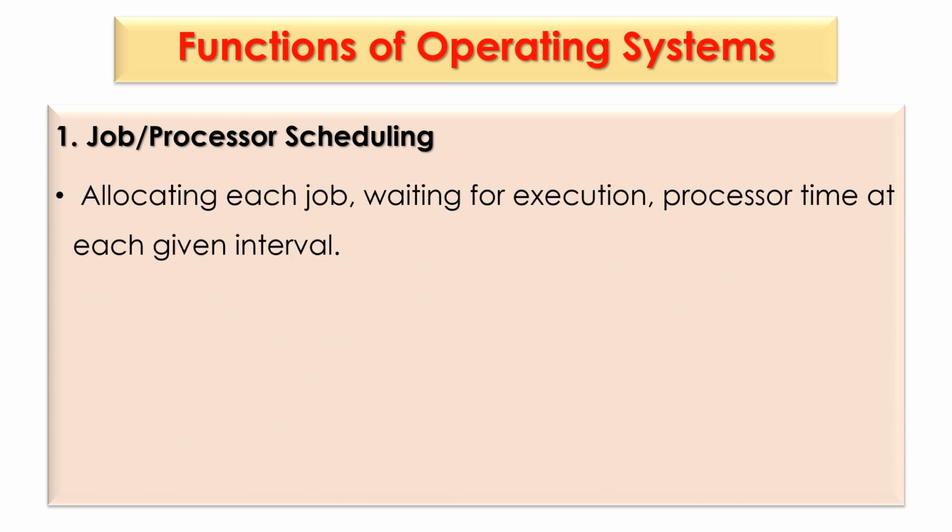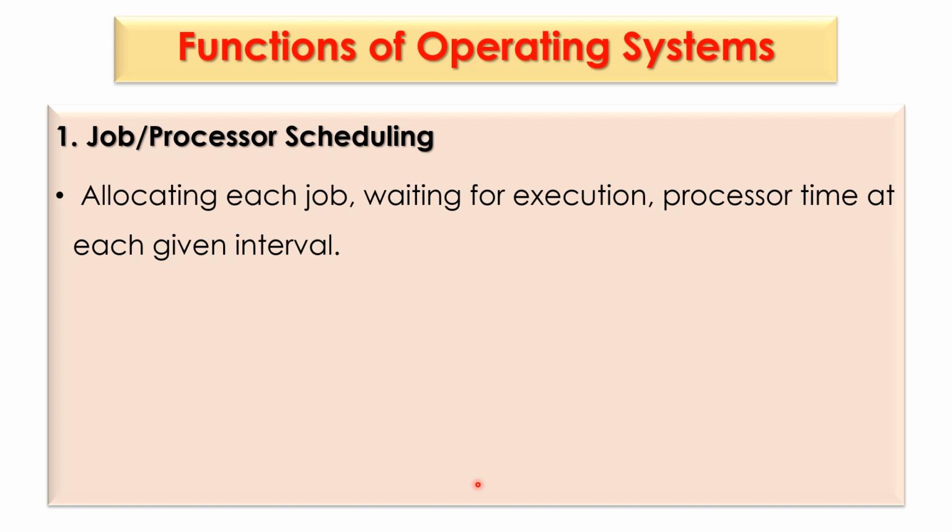Now, in this one, the OS is there to allocate to each job waiting for execution the processor time at each given interval. So it's there to allocate to the job waiting for execution the processing time that is given to every job.